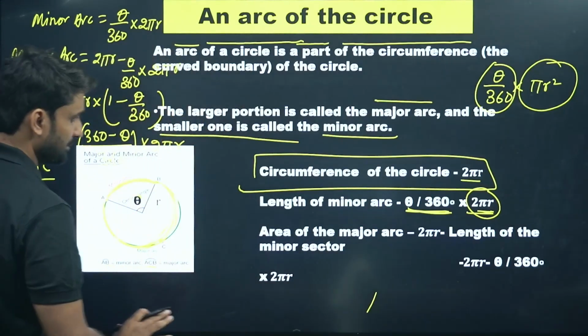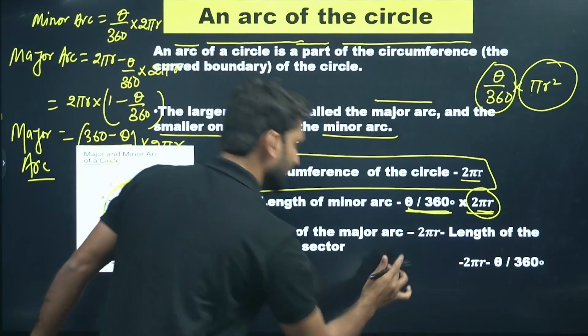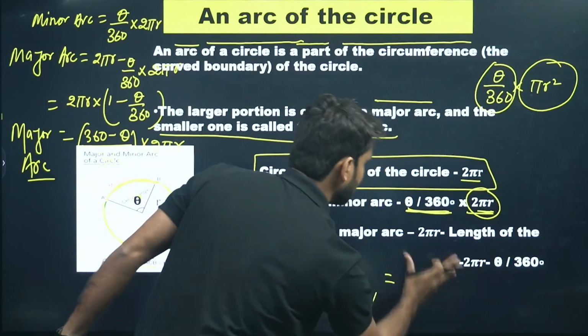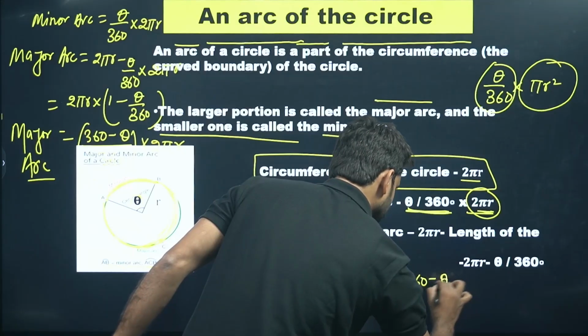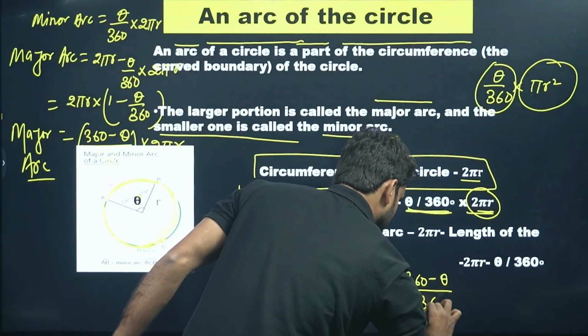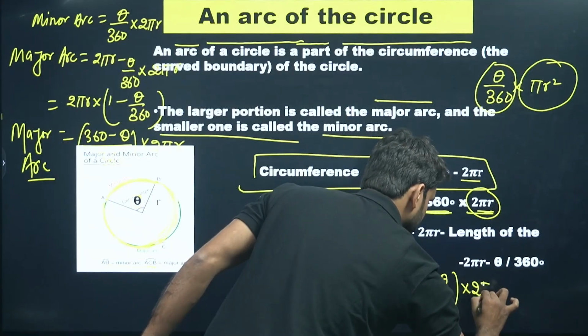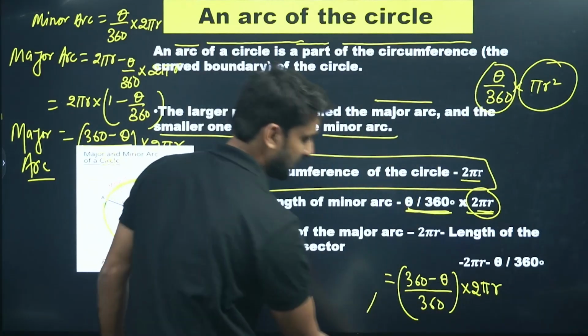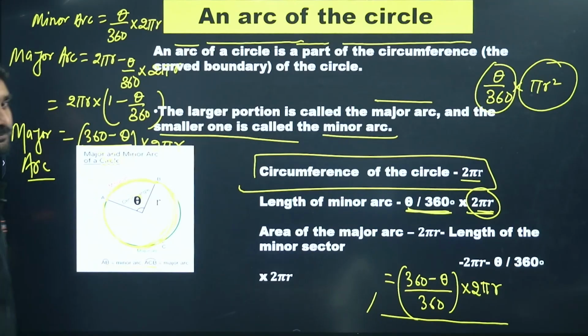So the major arc is 2 pi r minus the length of the minor arc. By modifying this format, you get the final result: 360 minus theta by 360 into 2 pi r. By using this formula, we can find the length of the major arc.